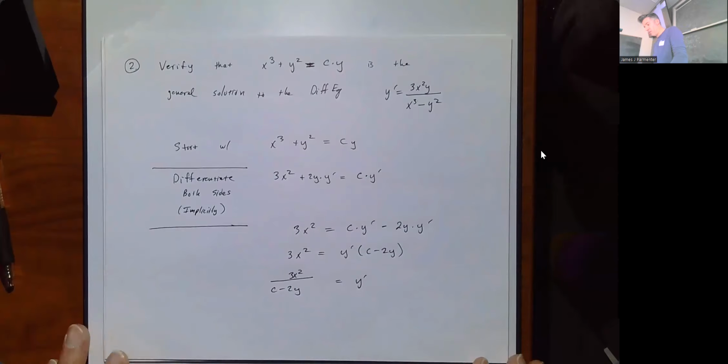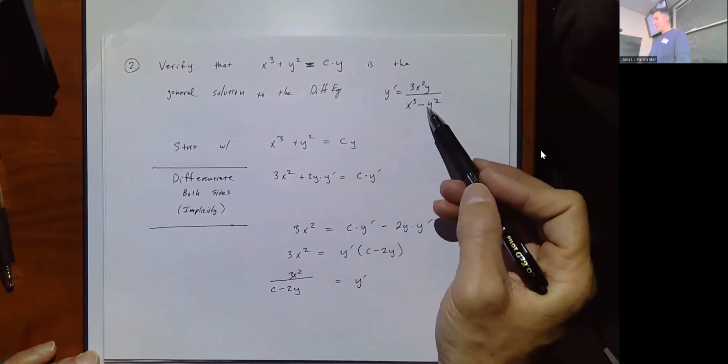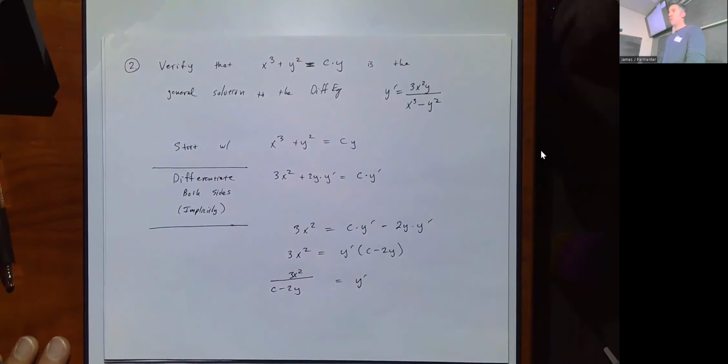Okay, now we try to see what do I need to do to this to get to that. Well, let's see. I've got 3x squared over c minus 2y, and I really wish I had a 3x squared times y on top. Well, I can make that happen. I'm allowed to multiply the top and bottom by whatever I want.